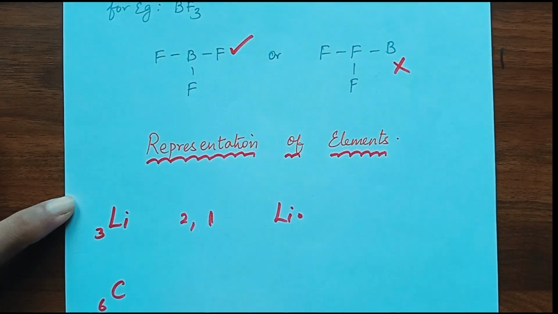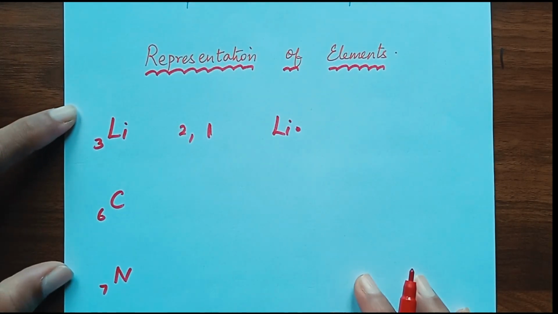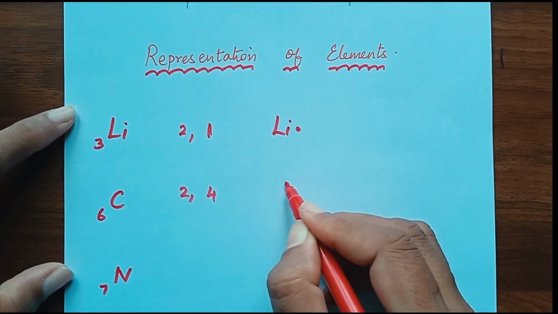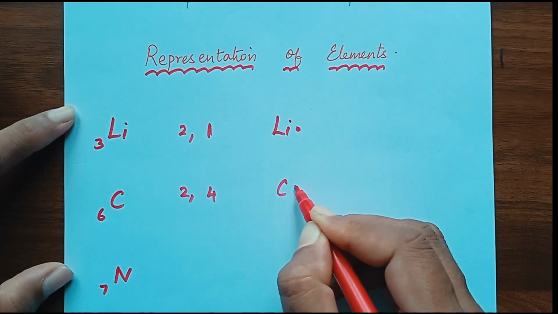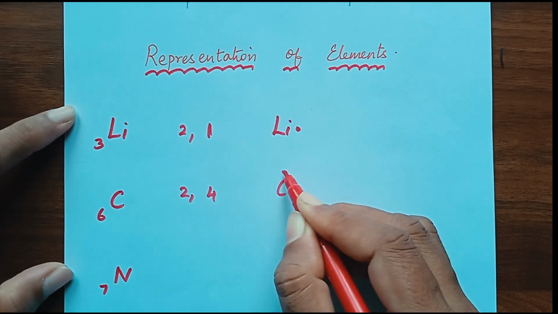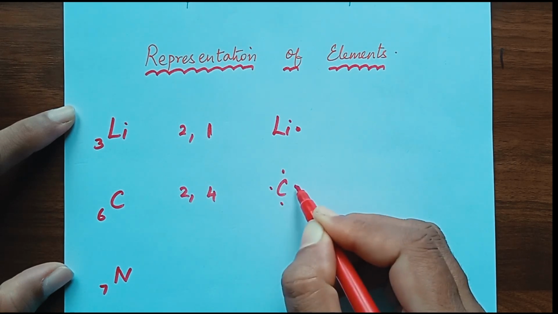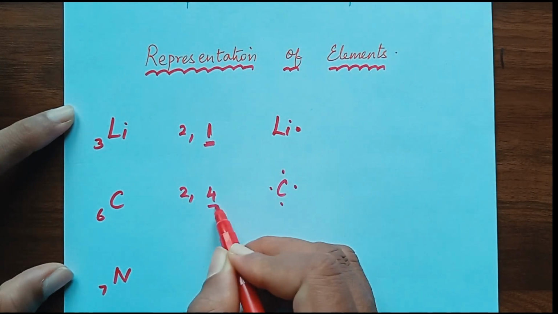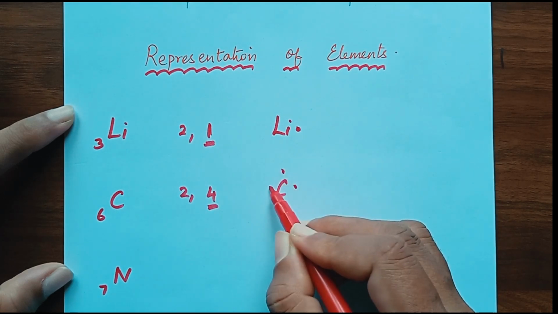For carbon the electronic configuration is 2, 4. So there are 4 valence electrons. We can represent carbon by drawing 4 dots for 4 valence electrons. We have to represent the valence electrons in the form of dots.